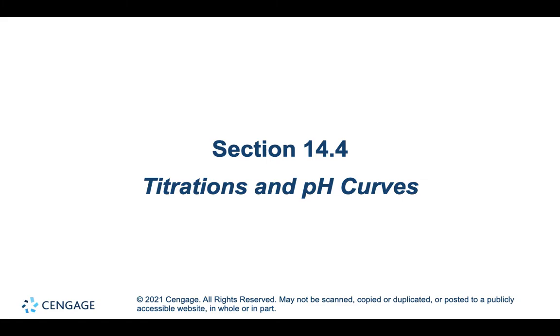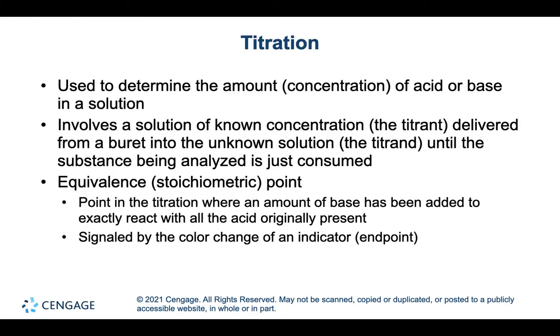So if one were to measure pH at different points during a titration, we would be creating a titration curve, or a pH curve. Just to remind ourselves, titrations are used to determine how much acid or base you have in a solution, to determine its unknown concentration.